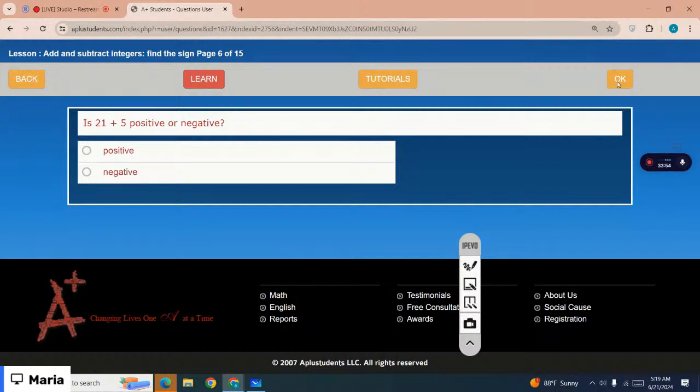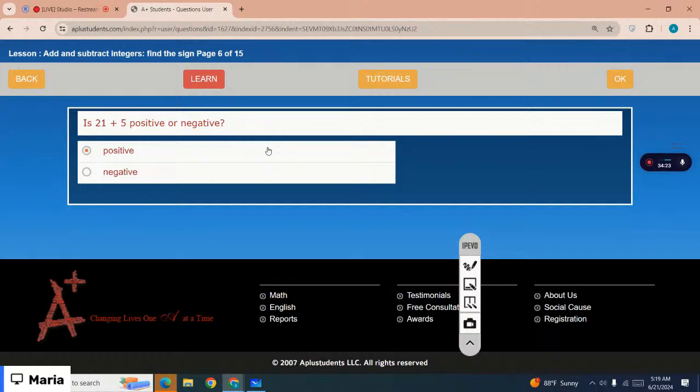Okay, is 21 plus 5 positive or negative? Both the numbers are positive, right? There is a case when you are adding numbers with the same signs: the answer must have the same sign as the numbers.